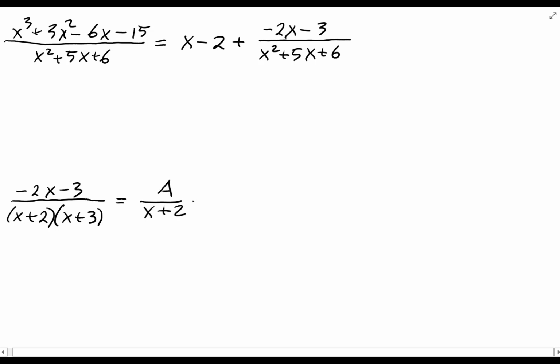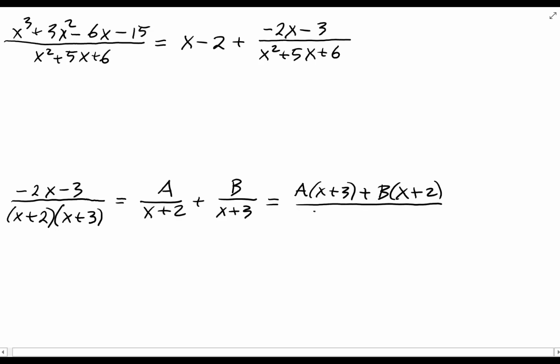So just like in the first example, this is going to split apart as a over x plus 2 plus b over x plus 3. And when we get common denominators and add those things together, we're going to get a times x plus 3 plus b times x plus 2 over the common denominator, which is x plus 2 times x plus 3.